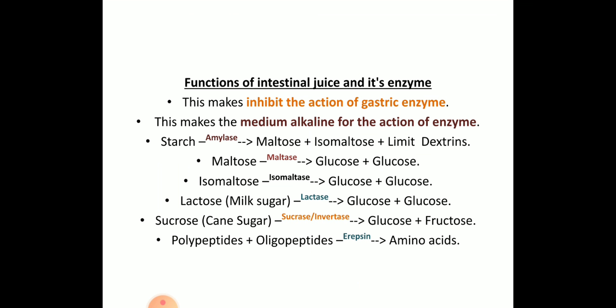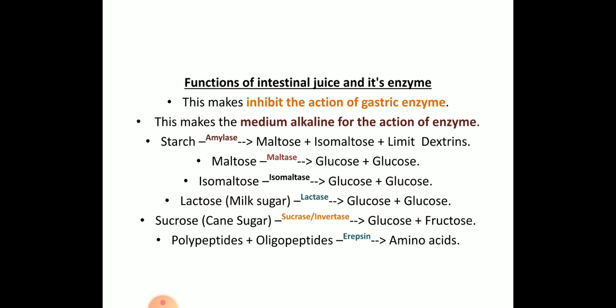The main function of intestinal juice is to inhibit the action of gastric enzymes. It will stop the function of gastric enzymes and that leads to making the condition alkaline. Starch is converted to maltose, isomaltose and dextrin in the presence of amylase. Whenever you see names ending in -ase, remember they are enzymes.